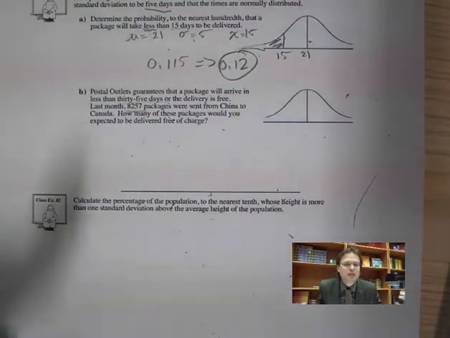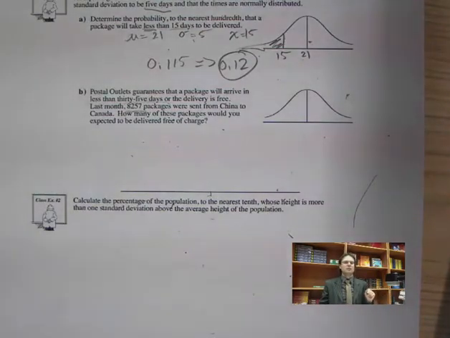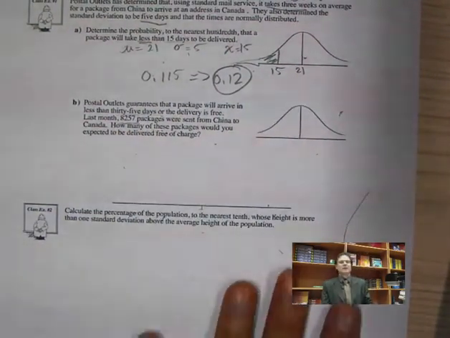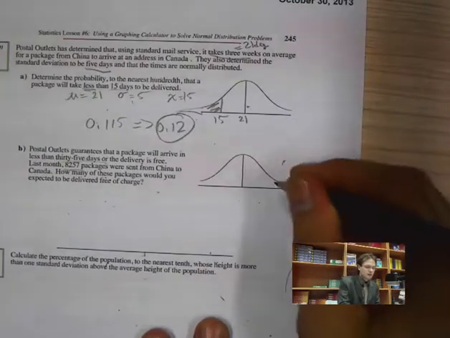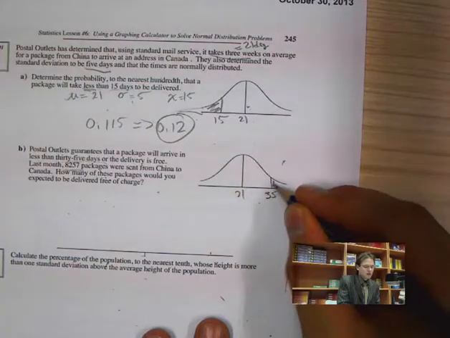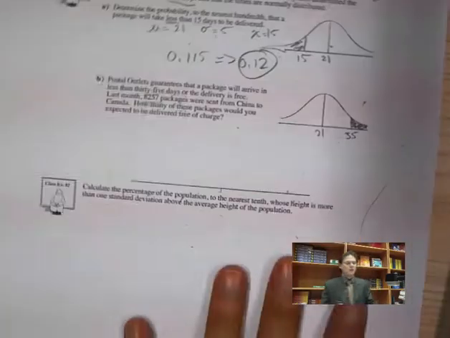How many of these packages would you expect to be delivered free of charge? So we want greater than 35. If it takes more than 35 days, it's free. We've heard stuff like that. So we have 21, 35 is here, and we want everything greater than 35.